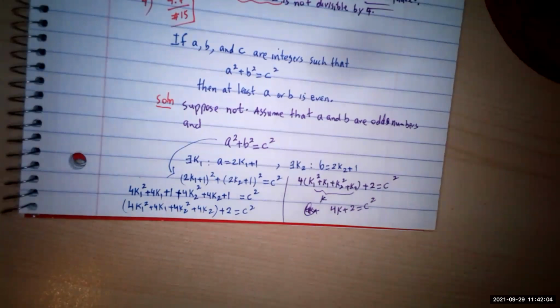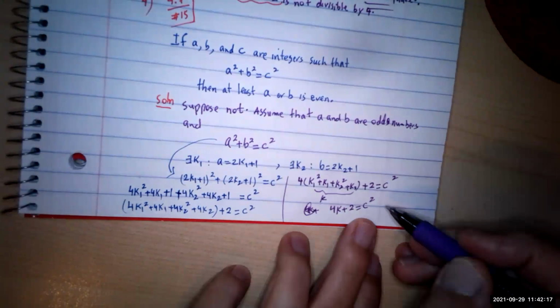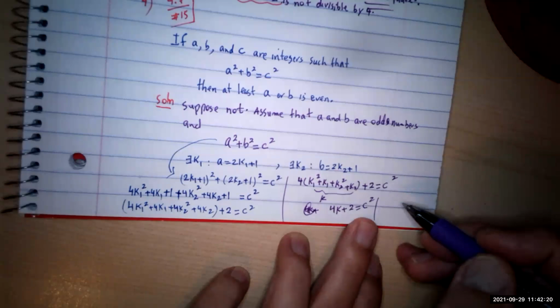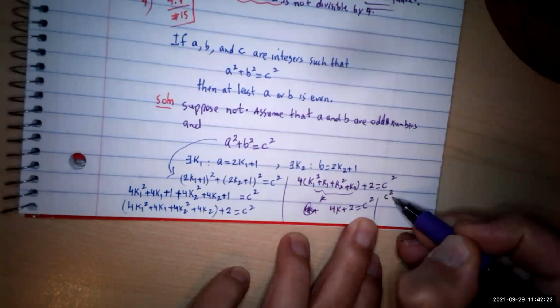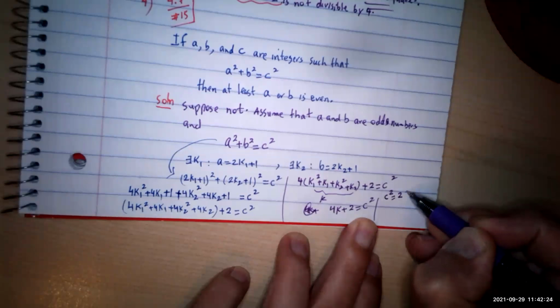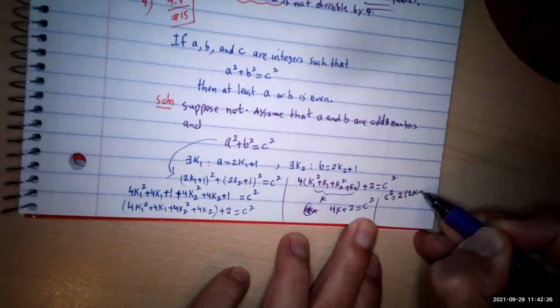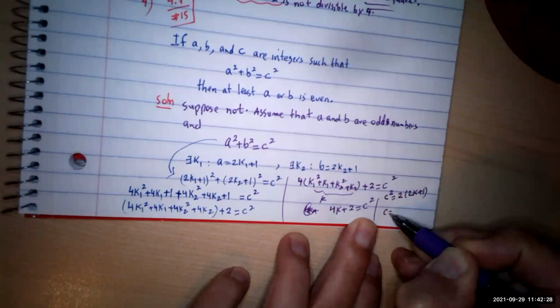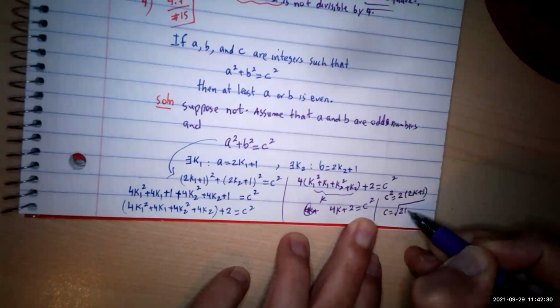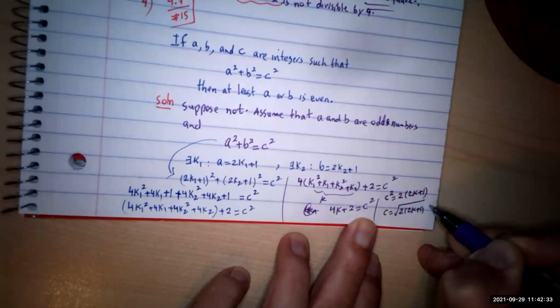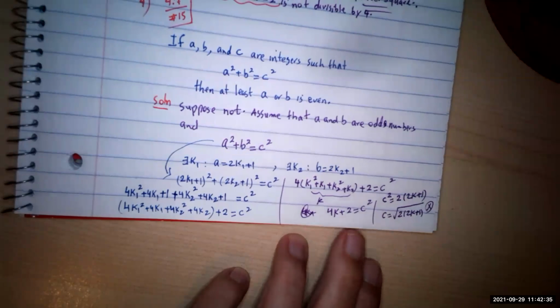If you factor out the 2, that takes you back to the previous problem that we did. It's 4K plus 2, so factoring out the 2 gives 2 times (2K plus 1). So we arrive at the fact that C squared is equal to 2 times (2K plus 1). We take the square root, which is a contradiction again.